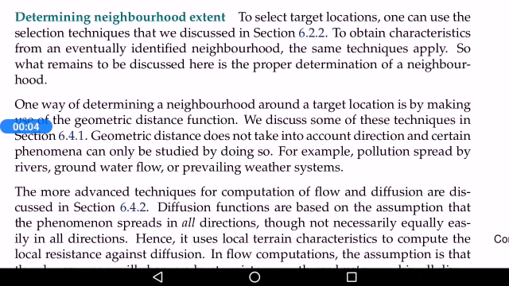Determining neighborhood extent. Now how do you determine the extent of the neighborhood? One way of determining a neighborhood around any target location is by making use of some geometric distance function. For example, you want to find out how the pollution is spreading through the rivers or through the air, through groundwater flow, or any weather systems.